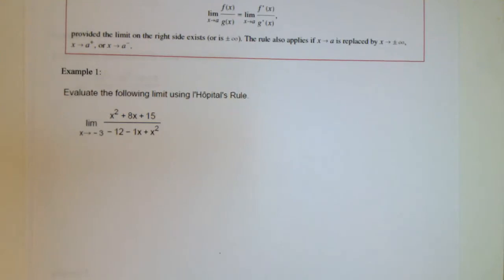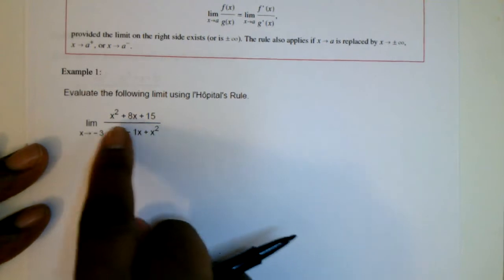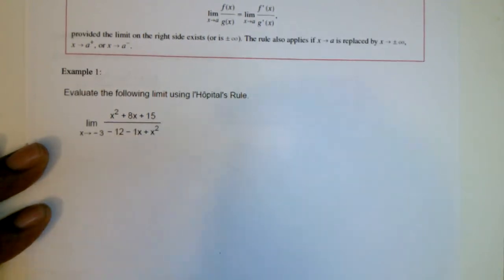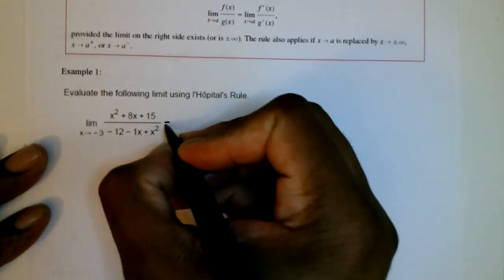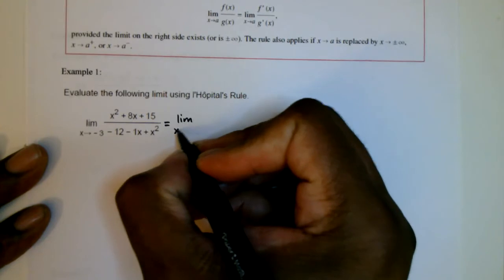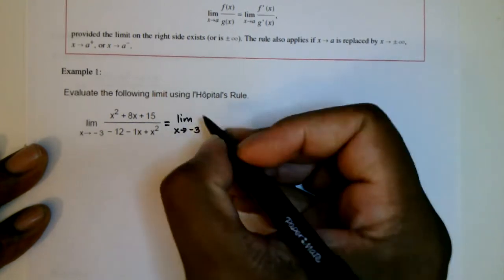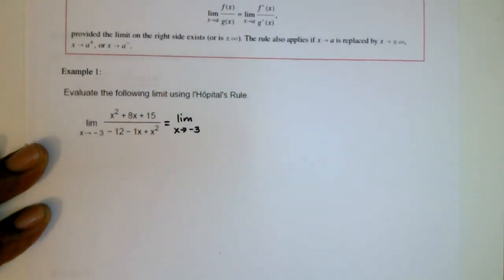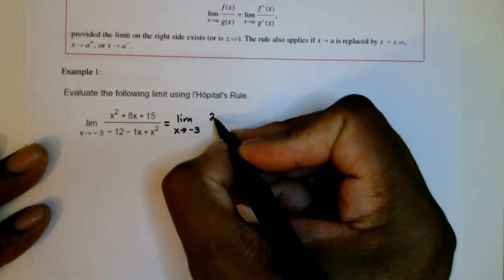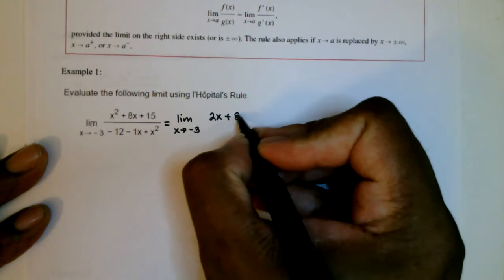That means here I'm going to apply L'Hopital's rule by taking the derivative of the numerator and the derivative of the denominator, and then I'm going to evaluate that limit. So here I have a limit as x approaches negative 3. The derivative of x squared plus 8x plus 15 is going to be 2x plus 8.